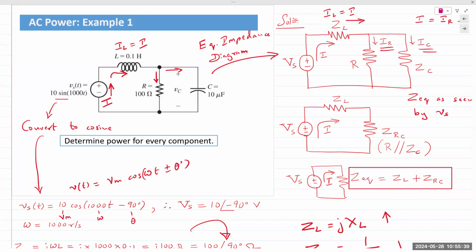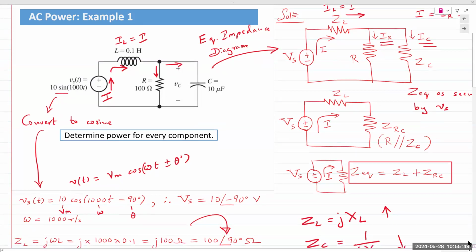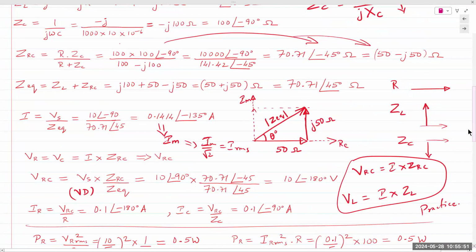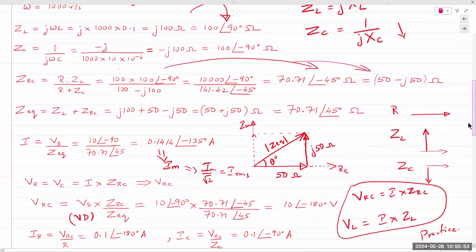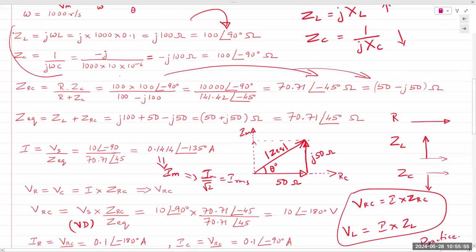Then we have omega, so we can now calculate ZL and ZC. Okay, ZL and ZC. And here, I will determine ZL and ZC both in rectangular coordinates as well as polar, because I know that I'm going to perform addition as well as multiplication and division.